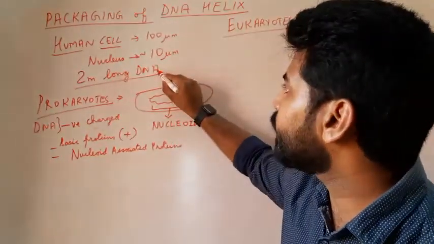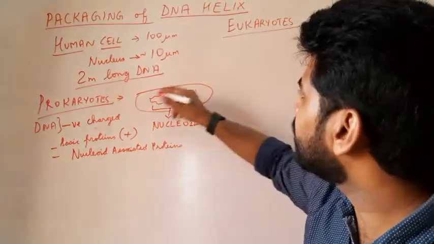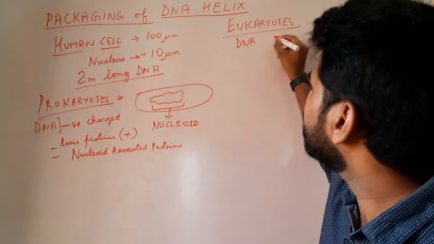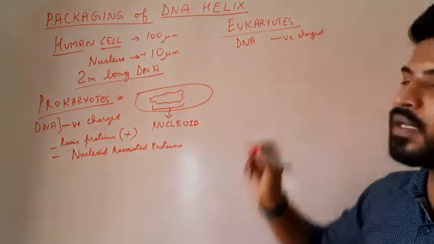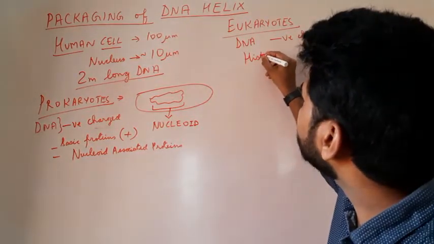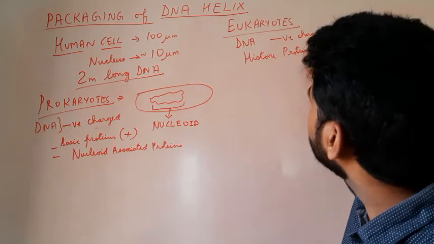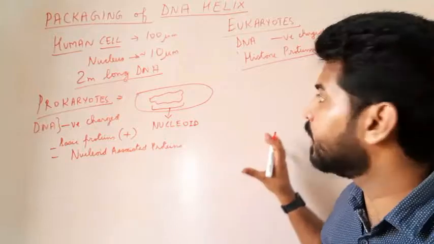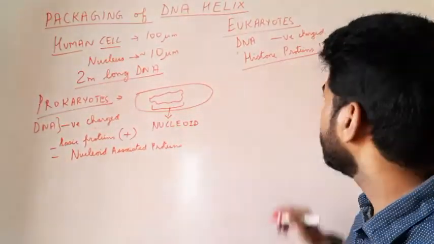As you already know, the human cell DNA length is 2 meter long and the DNA is negatively charged due to the presence of the phosphate group. Here in eukaryotes, they have special proteins called histone proteins which will help in packing the DNA closer.